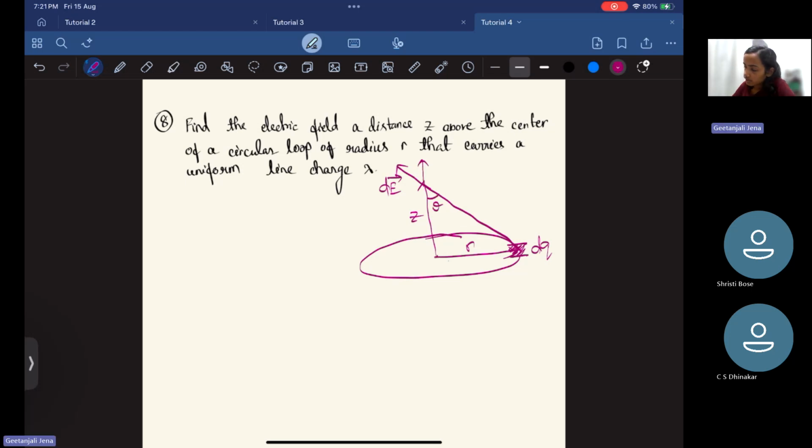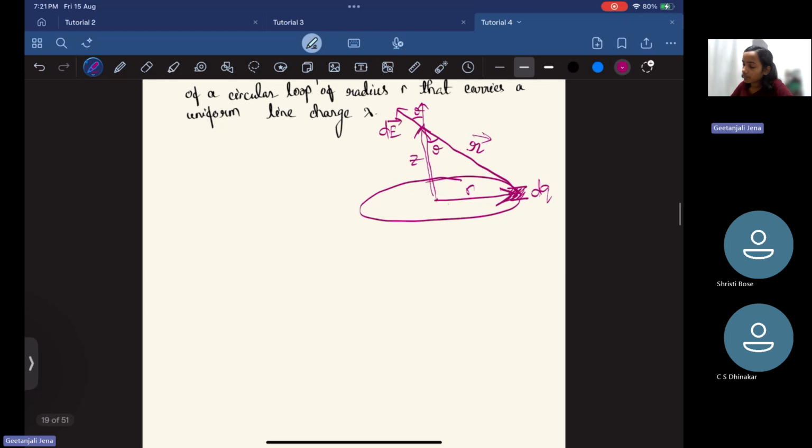Let us take this angle as theta. This is r, this is z. So from the figure you can say that the vector r is z k minus R r cap.